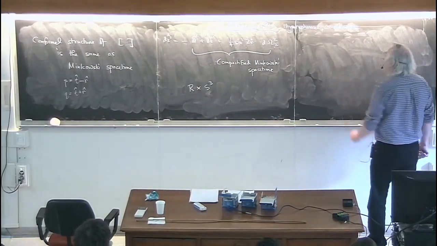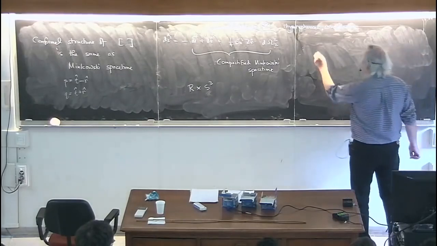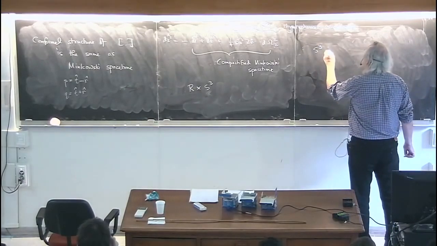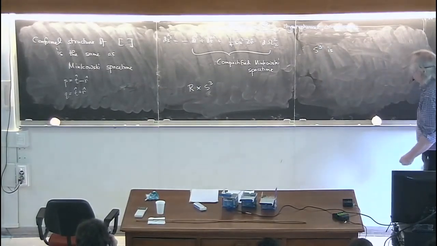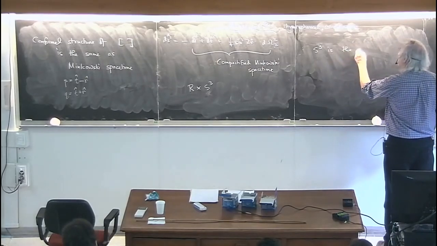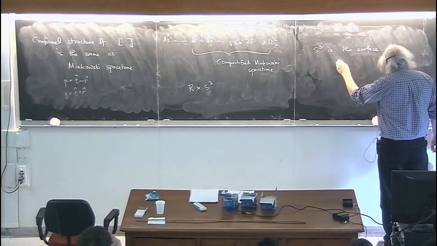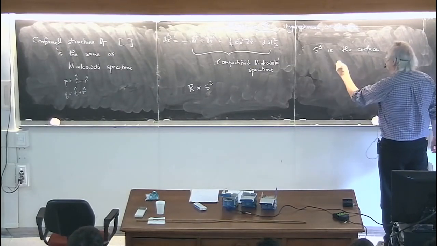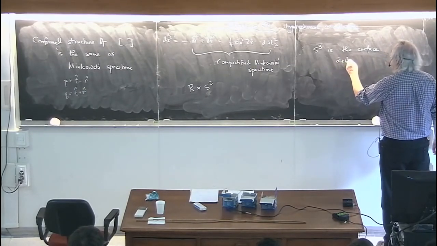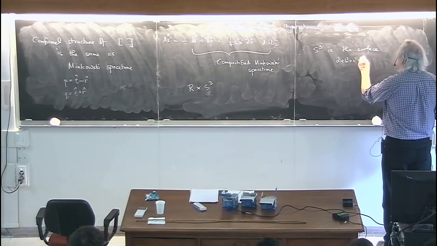One way of thinking about a 3-sphere is the surface a squared plus b squared plus c squared plus d squared equals 1 in R4.